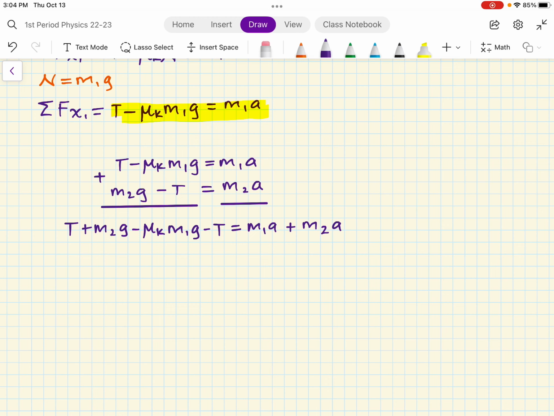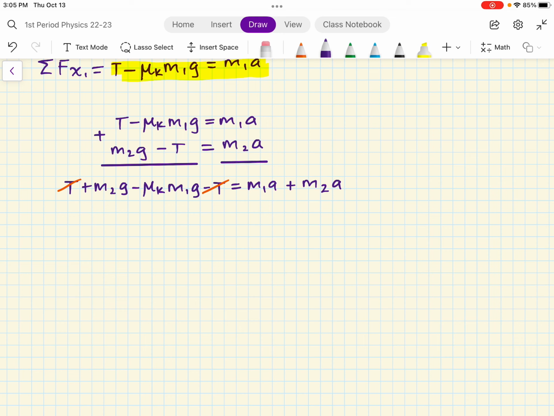Very good. Now, this is positive tension, this is negative tension, so they cancel. That's very convenient. So now we have m2g minus coefficient of kinetic friction times m1g is equal to m1a plus m2a.